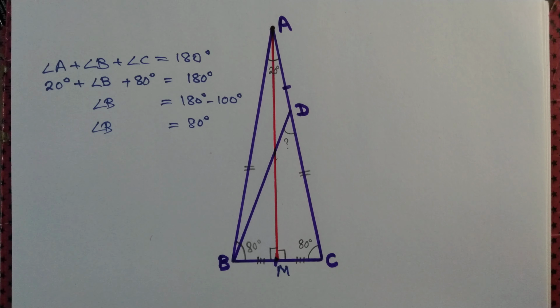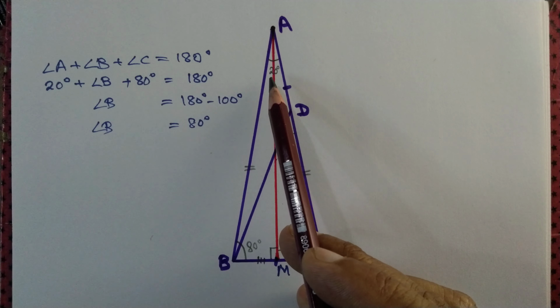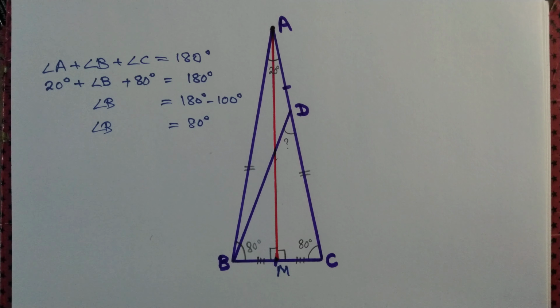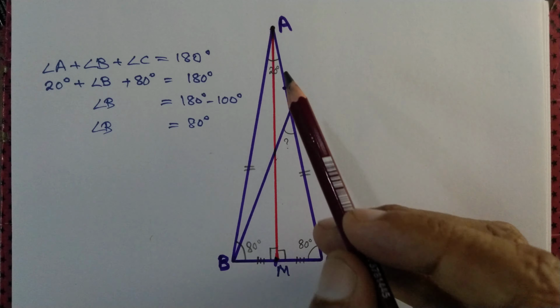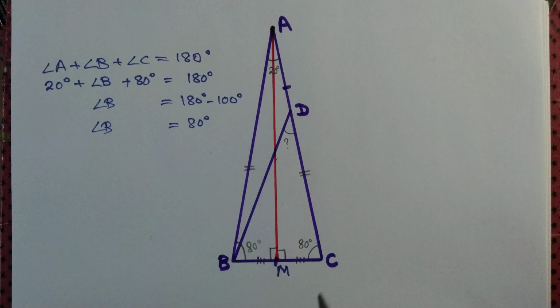We see nothing. However, we observe that 80 degrees can be written as the sum of 60 degrees and 20 degrees. Angle A measures 20 degrees, and 80 degrees can be written as the sum of 60 degrees and 20 degrees. Let us break angle C into two angles measuring 60 degrees and 20 degrees.